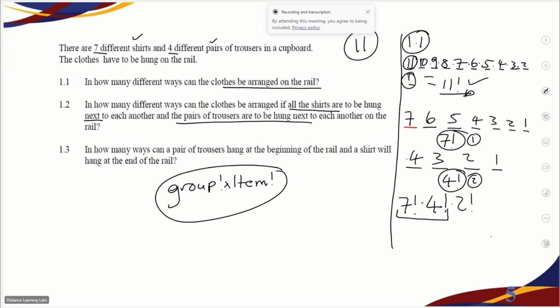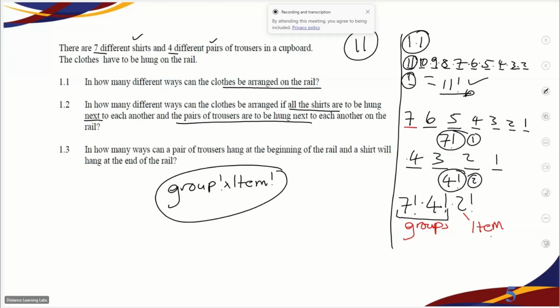The 4 factorial and the 7 factorial, these are the groups that we have. We have 2 groups there. We are grouping the trousers and we are also grouping the shirts. Then these 2 factorial is for the items that we have. After grouping them, we now have 2 items. Then the response to that would be 7 factorial multiplied by 4 factorial multiplied by 2 factorial.